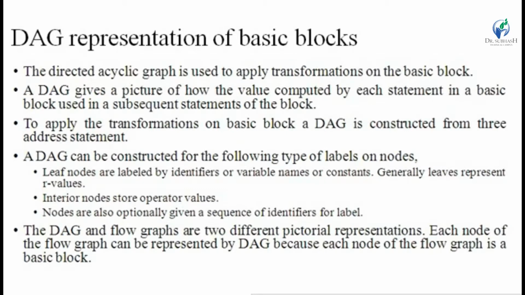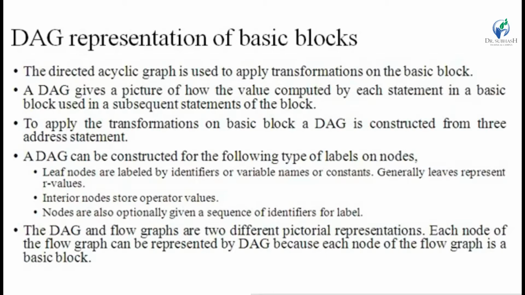A DAG can be constructed with the following types of labels on nodes. First, leaf nodes are labeled by identifiers, variable names or constants. Generally, leaves represent R values. Second, interior nodes store operator values.